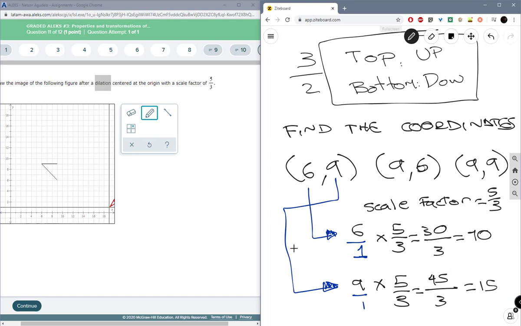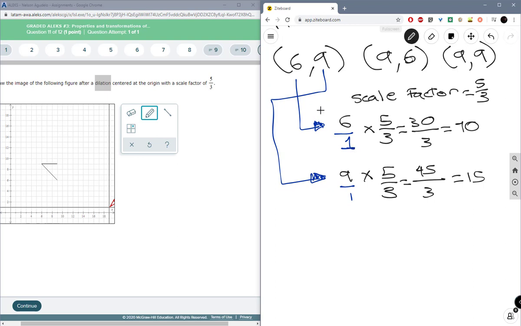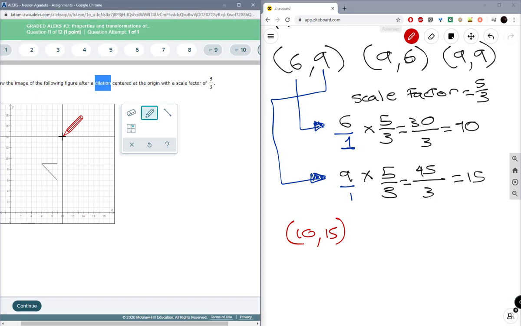So now you can transform this coordinate: 6 became 10 and 9 became 15, okay? 10, 15. And you locate it here, 10 in the horizontal, and then 15.